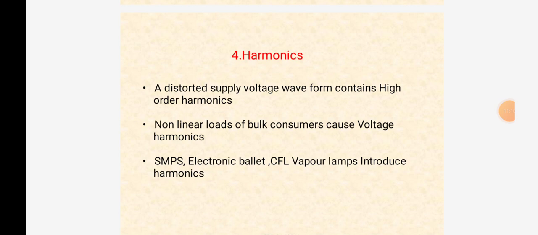The harmonics are mainly developed due to usage of nonlinear loads, switch mode power supply SMPS, electronic ballast circuits in vapor lamps, and CFL, compact fluorescent lamps. Due to these types of loads, the supply voltage waveform is distorted and contains high order harmonics.